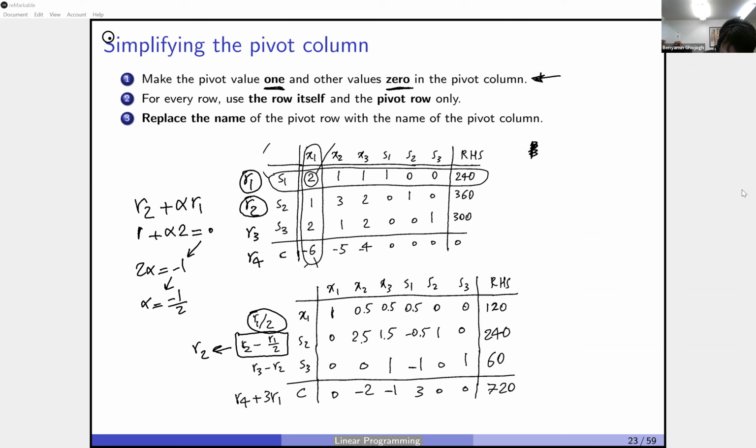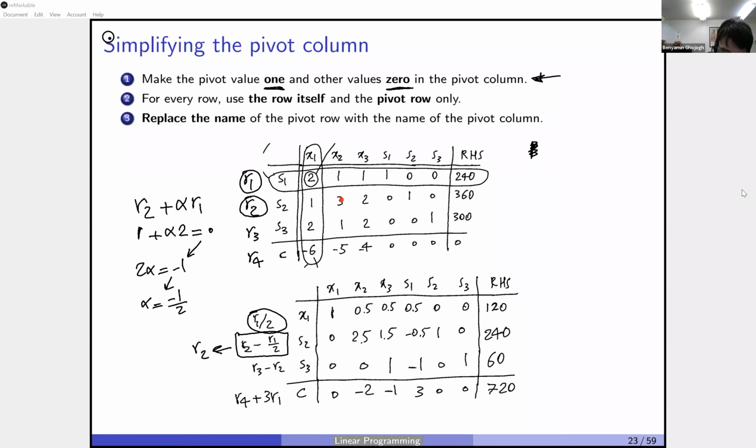And what does it mean? For example, here, R2 minus half of R1. 1 minus half of 2 becomes 0. This is exactly why we did it, because we wanted to make it 0.